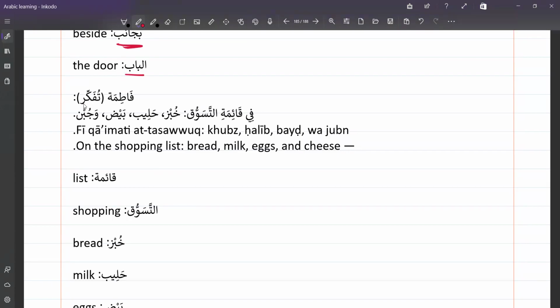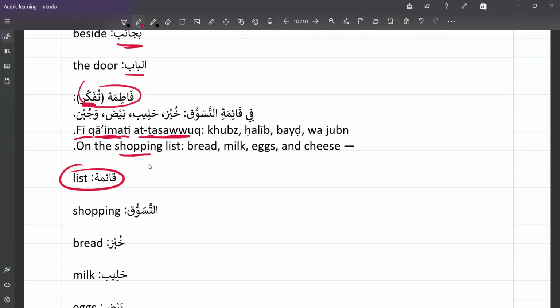Then Fatima, tafakkur. This word is called tafakkur. Now they are referring to Fatima that she is thinking to herself. Tafakkur means thinking in yourself, right? So she says, fi qa'imat al-tasabbuq. Qa'ima means list, and tasabbuq, we have done this word in the previous dialogue, means shopping.